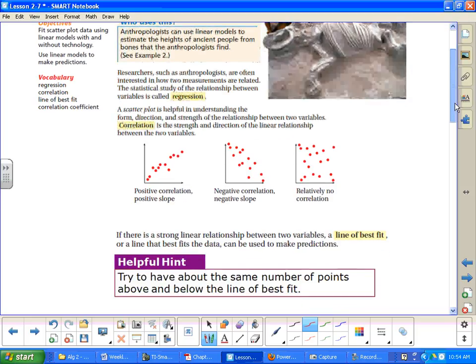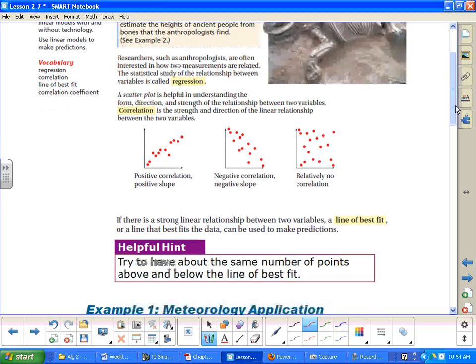Now, when we look at a set of data with a scatter plot, those sets of data all have what we call a correlation. The correlation may be positive, which means that the slope of the graph will go up towards the right. It'll all kind of form a pattern that goes up to the right like this one here does.